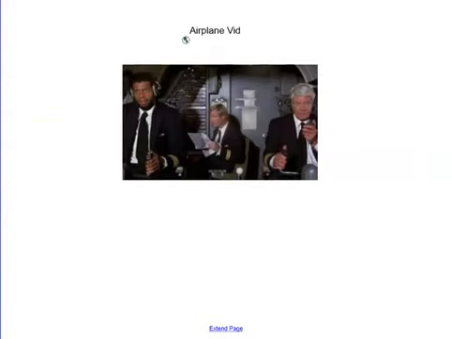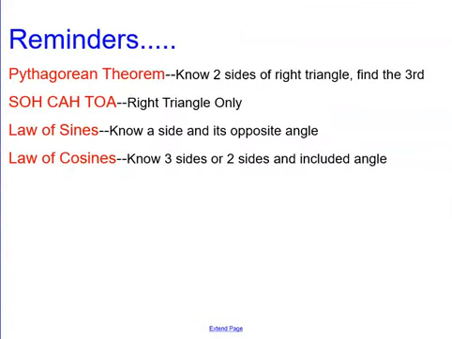It's just a little reminder that flying an airplane is something you can use vectors for. We're going to go into just some reminders. Pythagorean theorem: if you know two sides of a right triangle, you can find the third. Also, if you have a right triangle, you can use SOHCAHTOA.